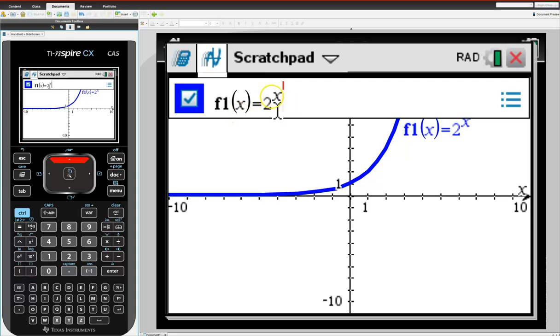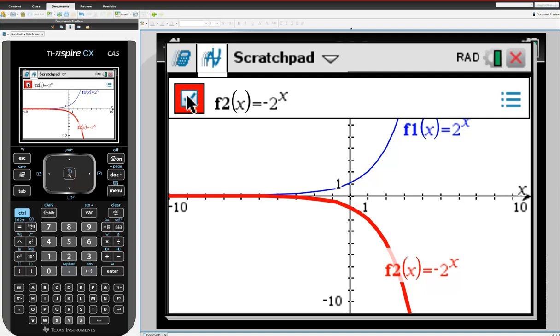So I'm starting off with 2 exponent x. Now everything I do is going to be some kind of transformation to this guy, so pay attention. We're going to go through it pretty fast. If I've got the negative, you guys should look at your notes.